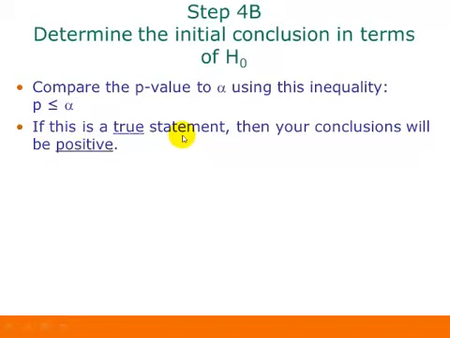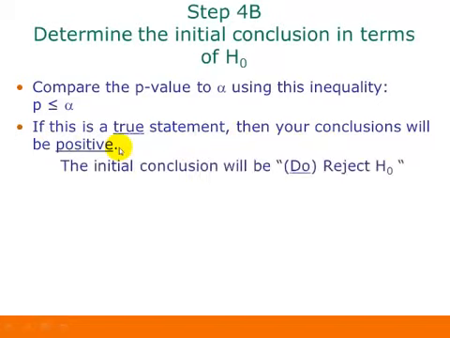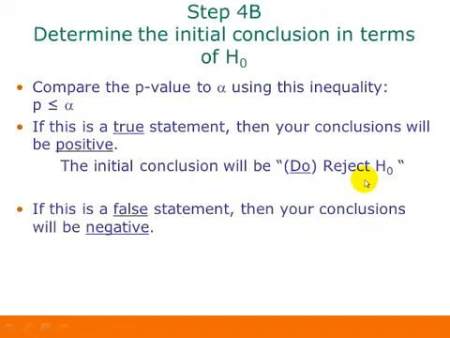If it's a true statement, then we'll have a positive conclusion. And the way we state this in terms of the null hypothesis is that we will reject the null hypothesis. And I put the "do" in parentheses here because we're saying this is a positive conclusion and that we do reject the null hypothesis.